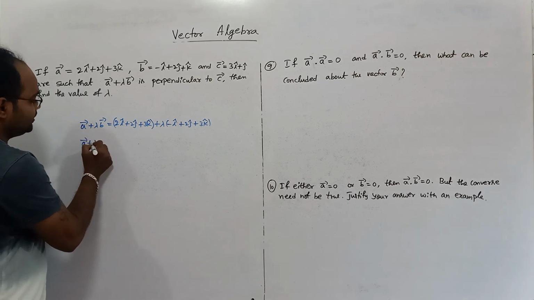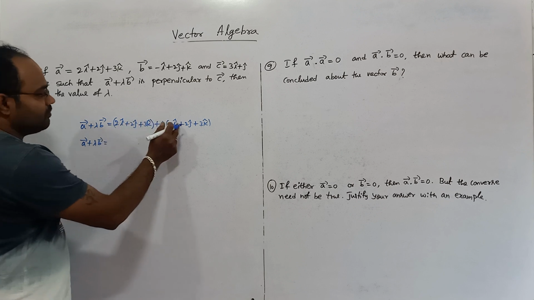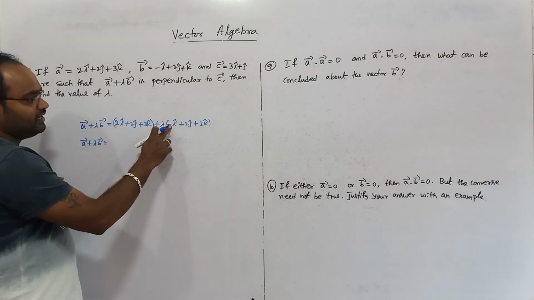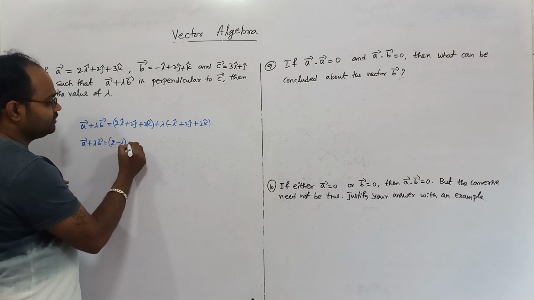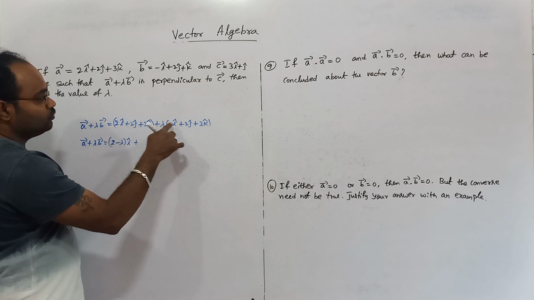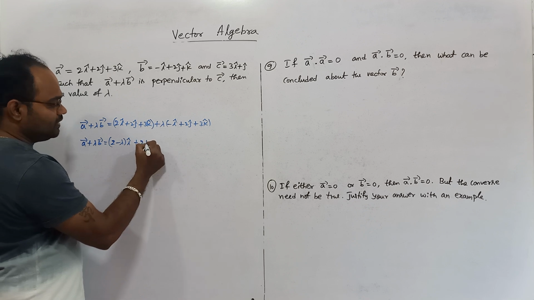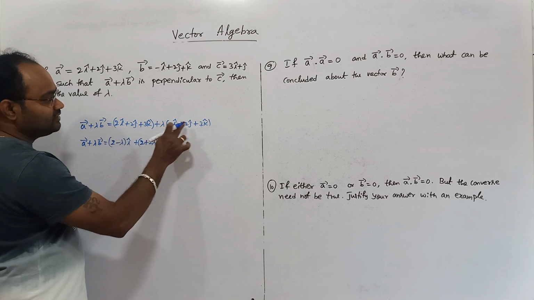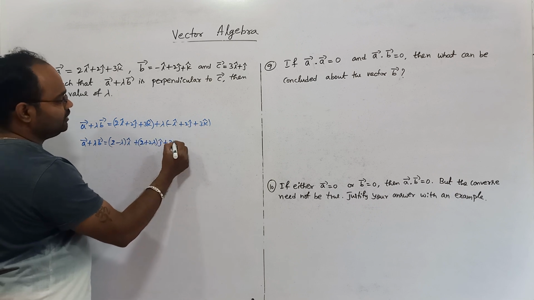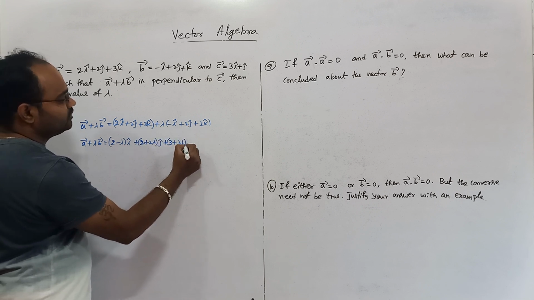A plus lambda vector B, add the corresponding components. 2 minus lambda into i hat plus 2 plus 2 lambda into j hat, 3 plus 3 lambda into k hat.